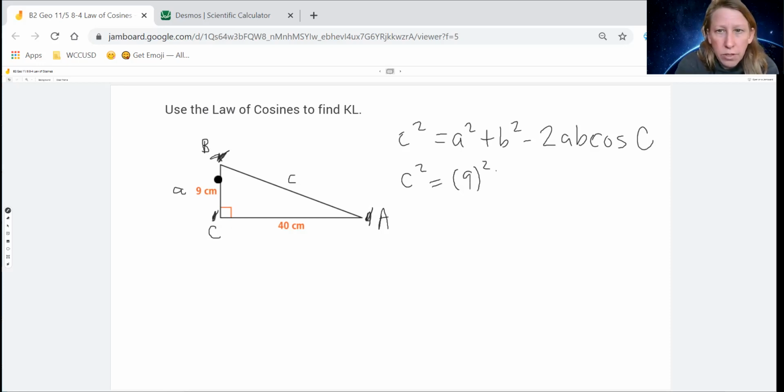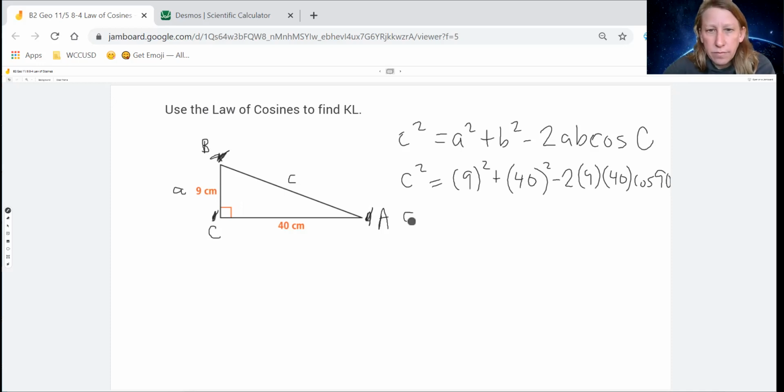Yes, some of you can do that step, but if you mess it up, then you're not going to have a way to fall back. Always good to substitute using parentheses. Cosine of 90. I'm going to do a little of this math.